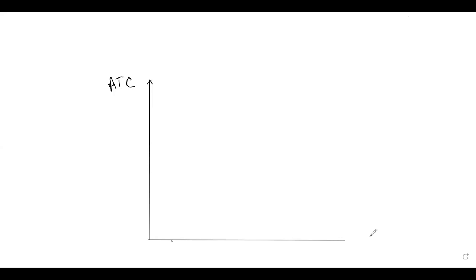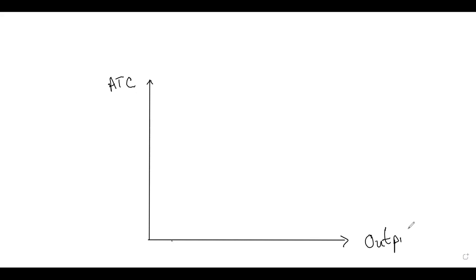On the x-axis, you will have the output, or the quantity of the good being produced.